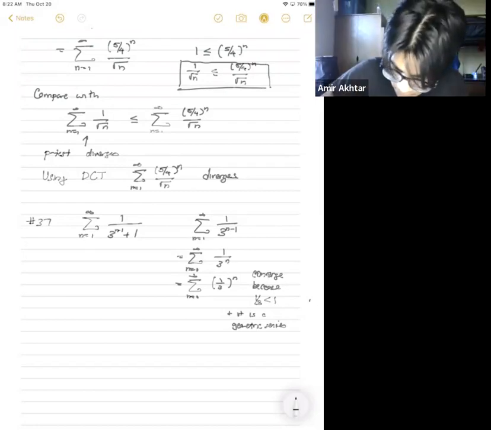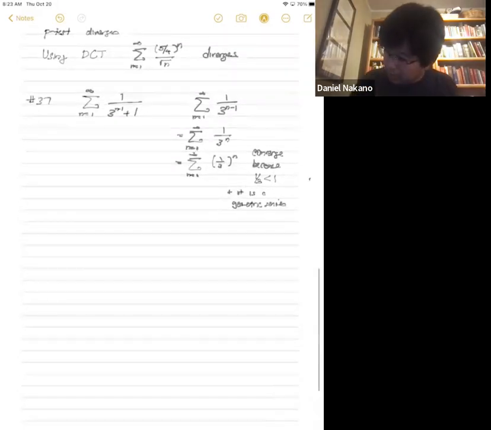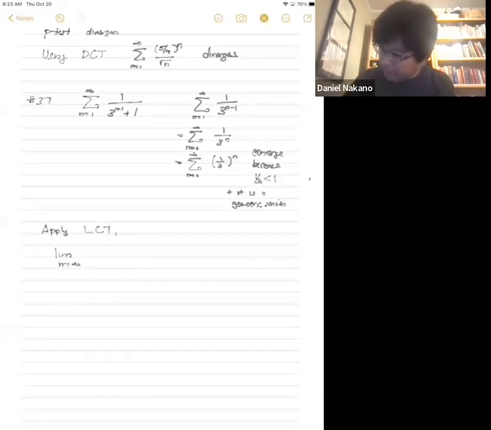So we have these two series, and we know one converges. So we just have to apply the limit comparison test. I want to take the limit as n goes to infinity of one over the other. So 1 over 3 to the n minus 1, over 1 over 3 to the n minus 1 plus 1.